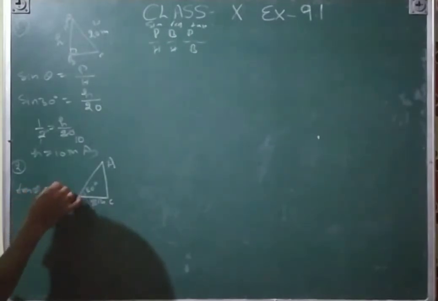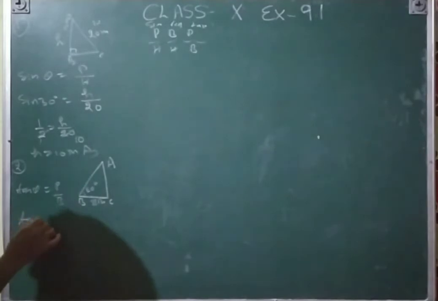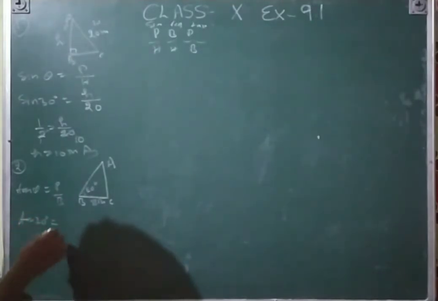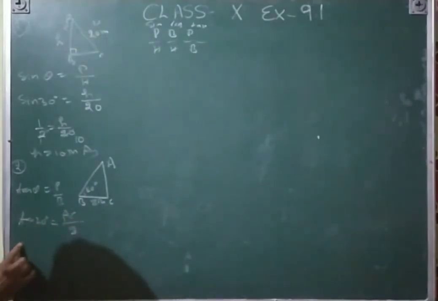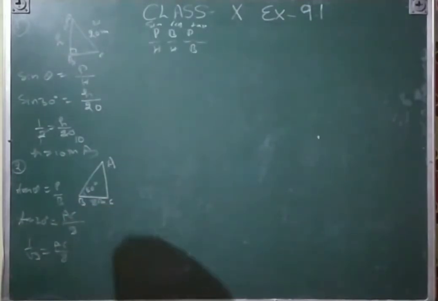Tan theta is equal to perpendicular upon base. So tan 30 degrees is equal to the perpendicular AC upon 8. The tan 30 value is 1 upon root 3, equal to AC upon 8.